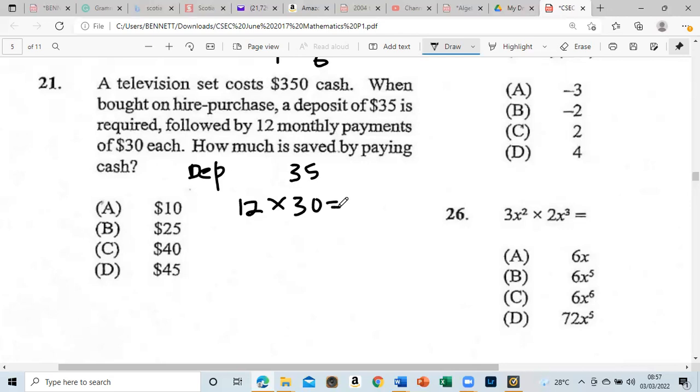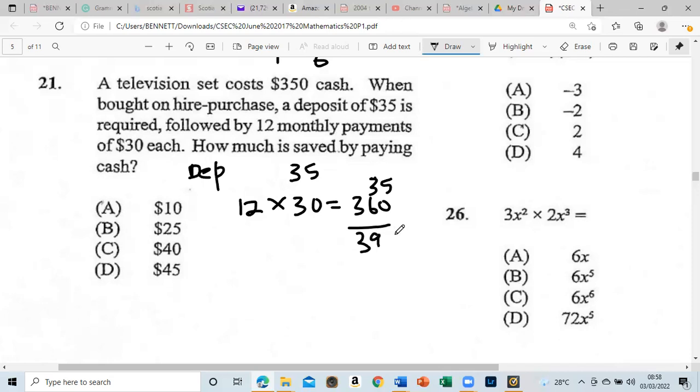12 times that is 360. All right, so we add the 35 to it, and we get 395.